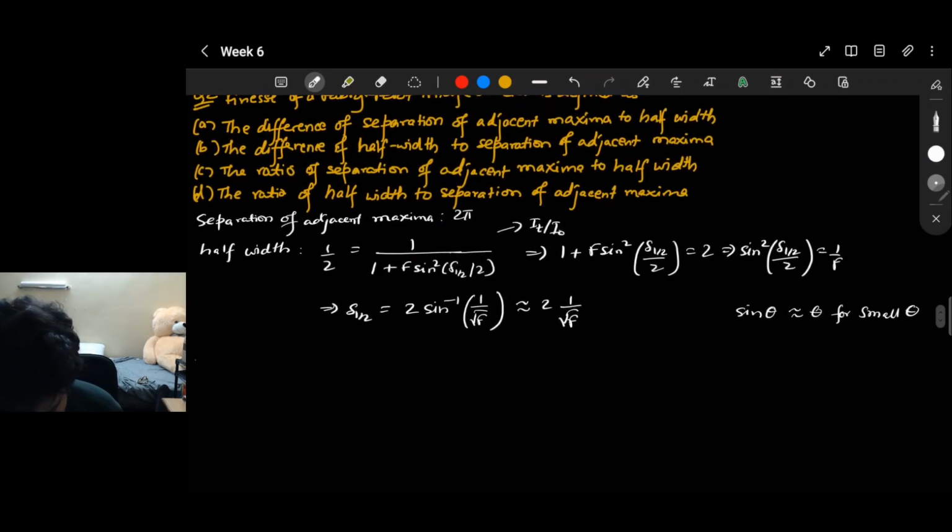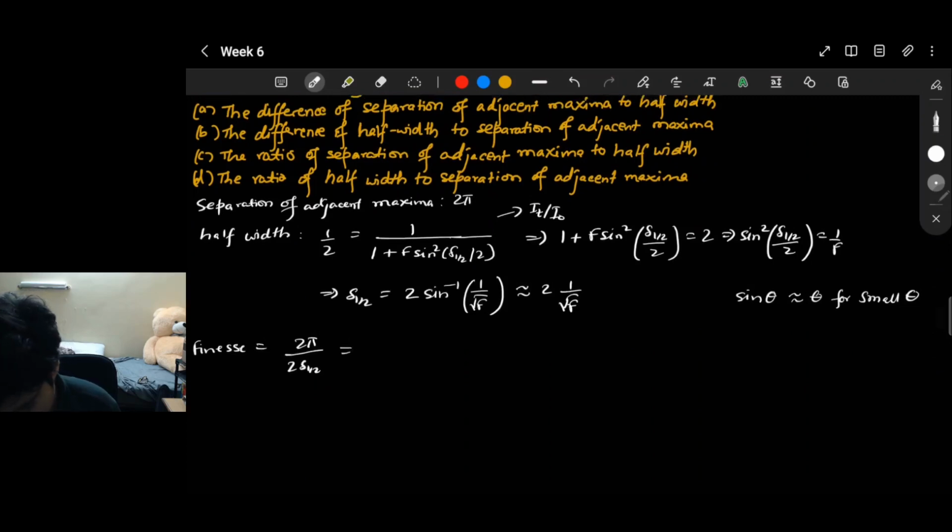Now finesse is defined as 2 pi divided by 2 delta half, which is separation of adjacent maxima divided by full width, by 2 times the half width phase.